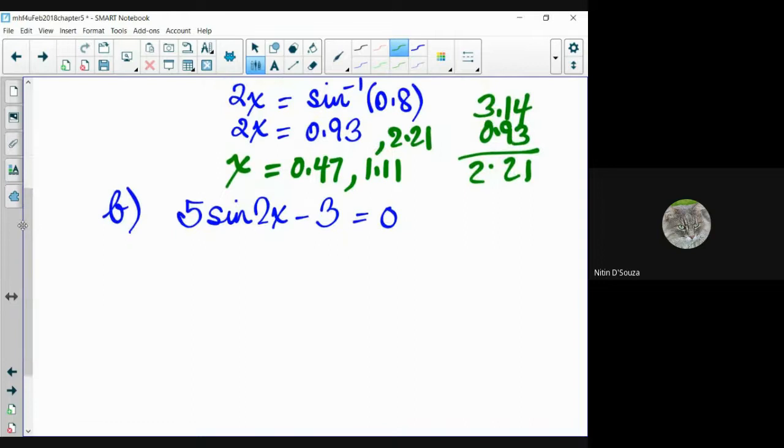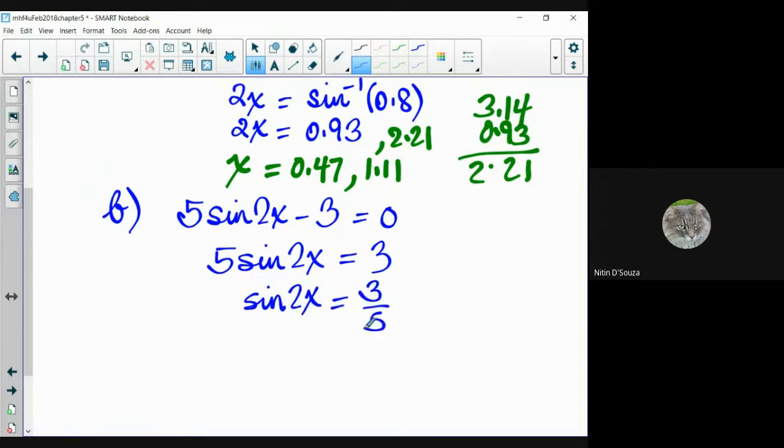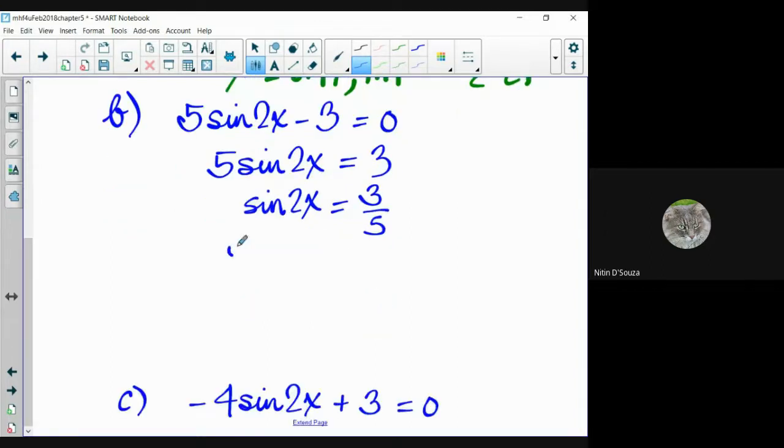If I did this one, so 2x would be sine inverse of 3/5. I got 0.64.